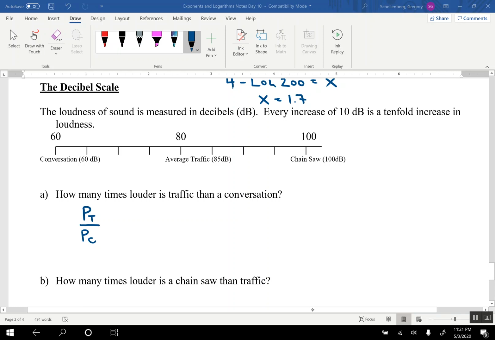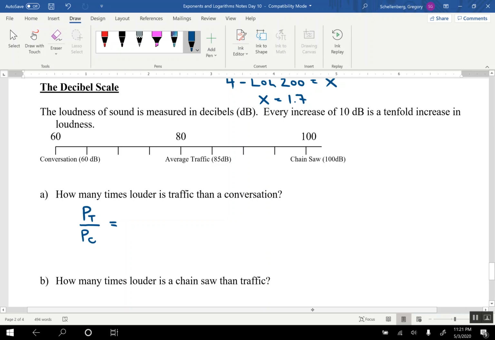With pH, every single point increase in the pH scale, we had a tenfold increase in either acidity or alkalinity. Now in this case, with every increase of 10 decibels, we have a tenfold increase in loudness. So what we're looking at here is we've got to divide that decibel reading by 10.